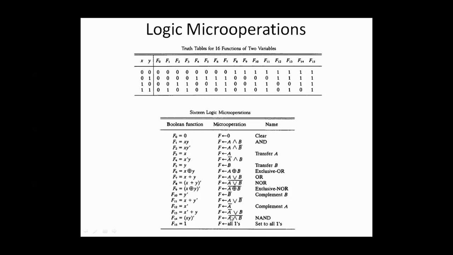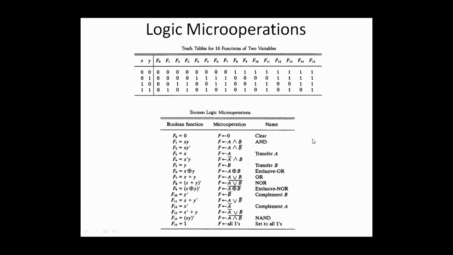So do an AND, then do a not over the answer. And F15, we see this is all ones, so F15 is 1 irrespective of the input. That means set all the bits to 1, all the bits of the register will become 1. So these can be various logic microoperations.